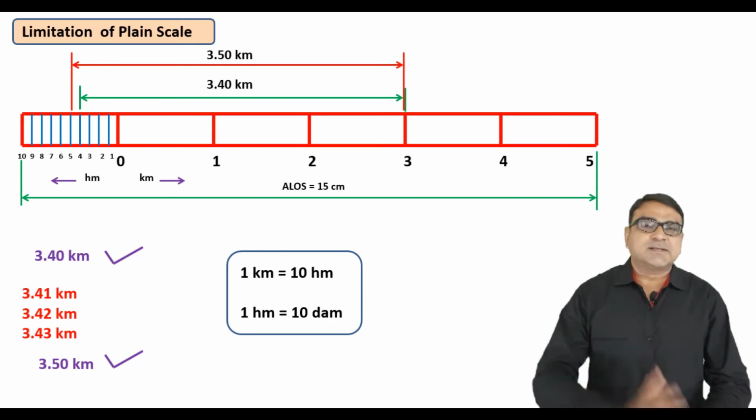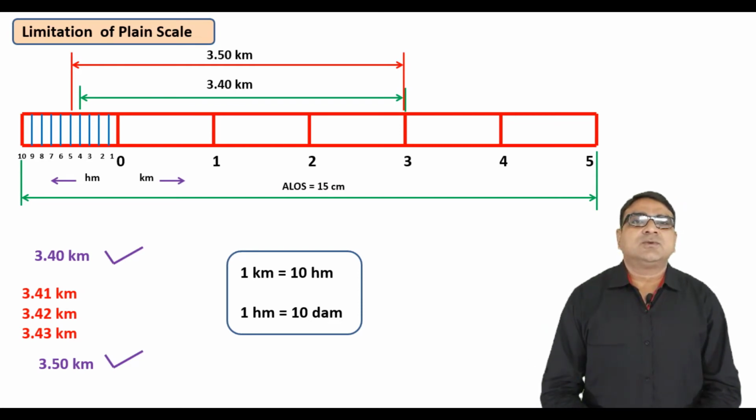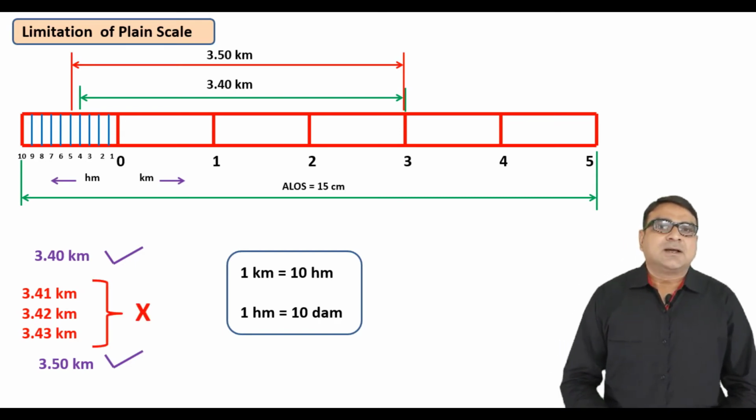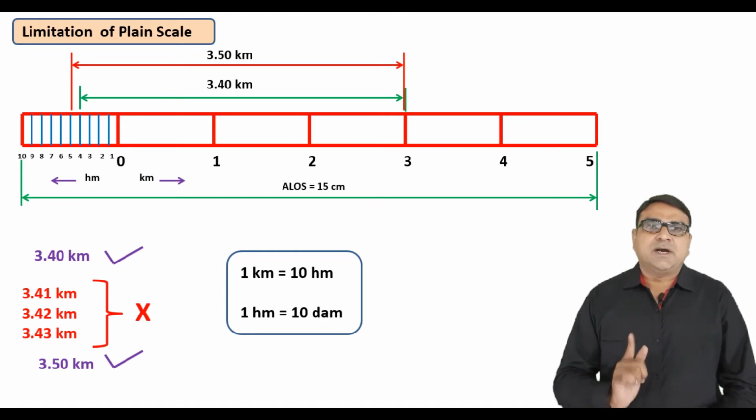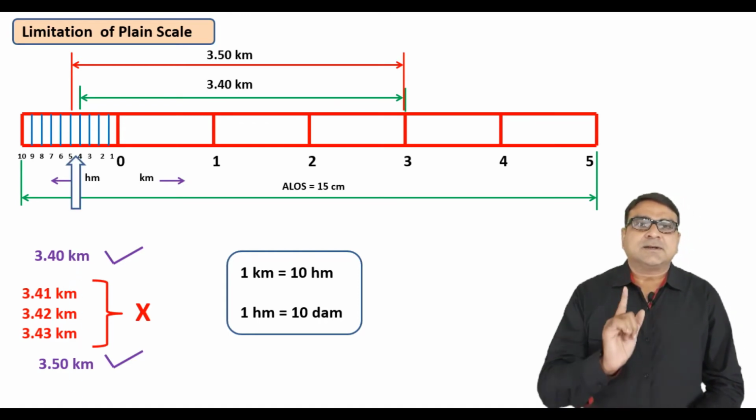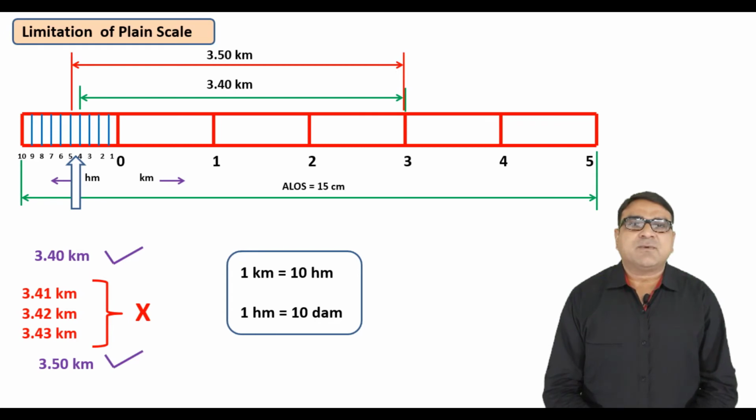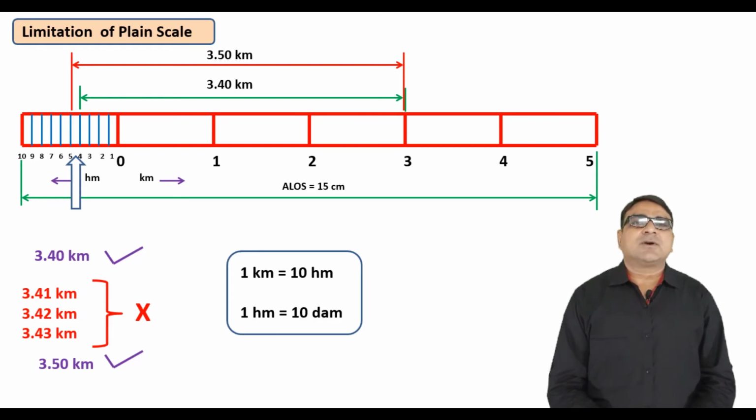So in this plane scale, if we want to show 3.41 kilometer, we have to divide the division between 4 and 5 into 10 equal parts, because 1 hectometer is equal to 10 decameter.